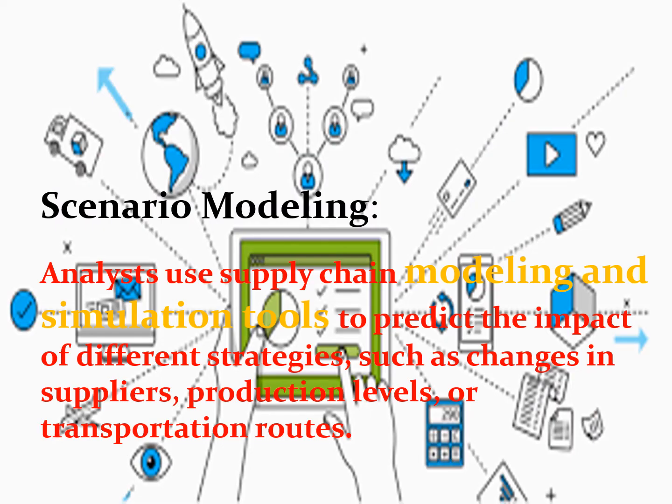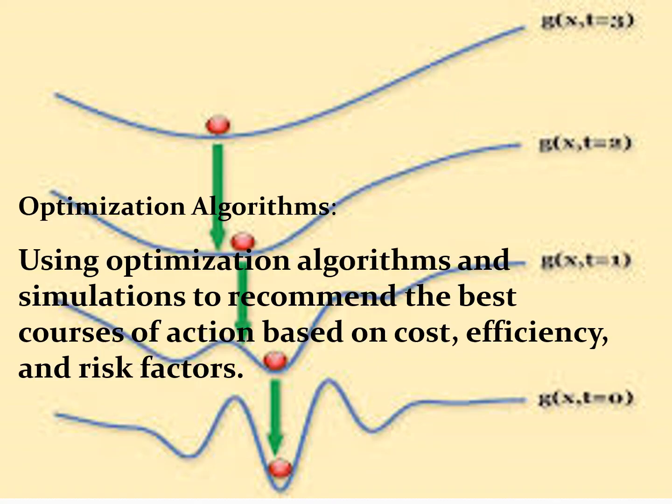In scenario modeling, analysts use supply chain modeling and simulation tools to predict the impact of different strategies, such as changes in suppliers, production levels, or transportation routes. By using optimization algorithms and simulations, they recommend the best courses of action based on cost, efficiency, and risk factors to supply chain managers.